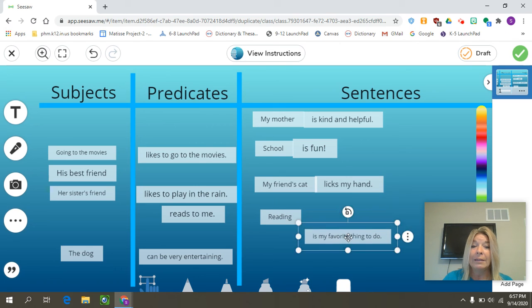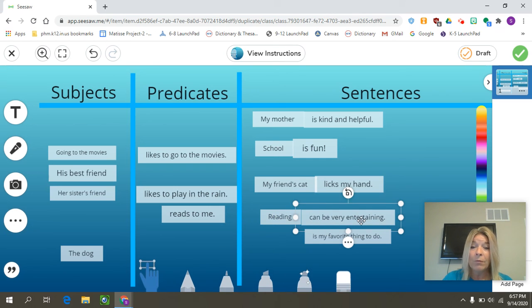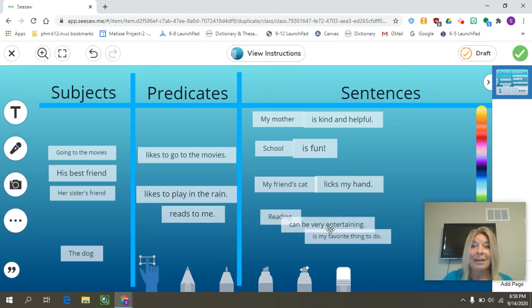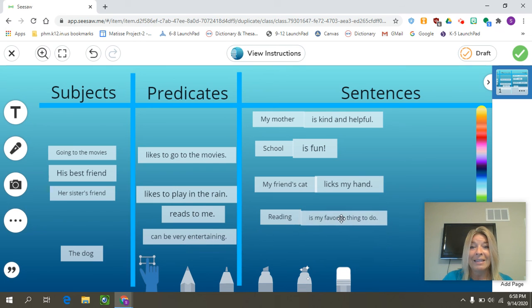That would be a predicate that makes sense. Reading can be very entertaining. Both of those would be great predicates to make this a complete sentence with that subject. I think I'm going to leave with this one though, because I think this actually speaks about me. Reading is my favorite thing to do.